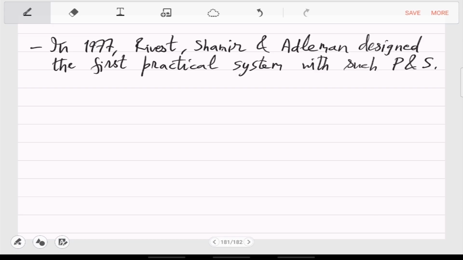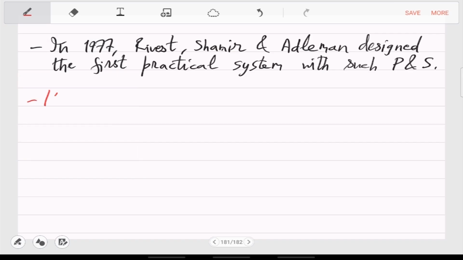So this is the most famous crypto system. So this is completely based on number theory. Let's see the steps.